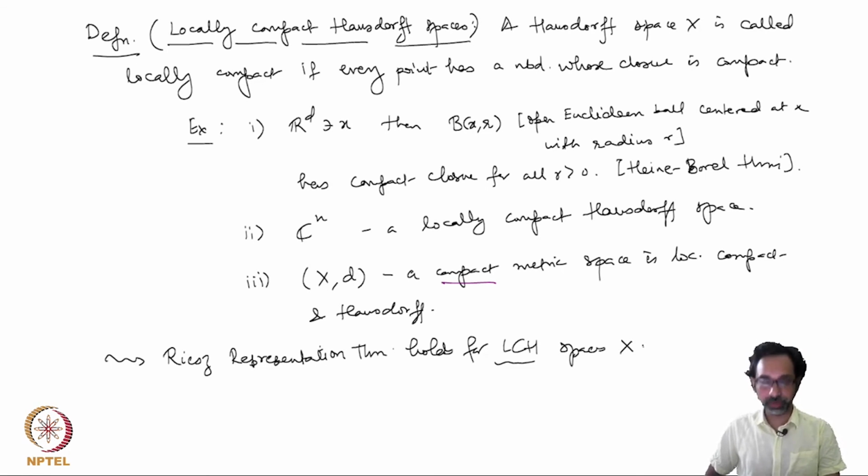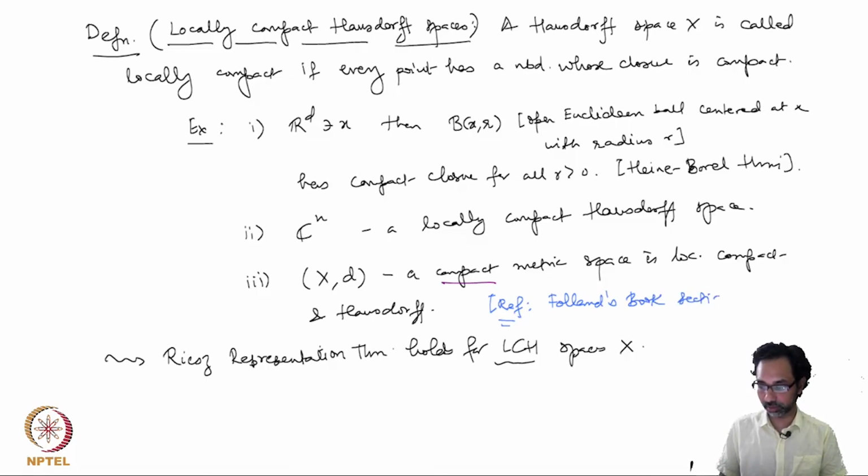Before I go to the statement and proof of the Riesz representation theorem, we will have to recall some basic facts about locally compact Hausdorff spaces. Now, a good reference for this material that we shall use is Folland's book, chapter 4, section 4.5, on locally compact Hausdorff spaces.